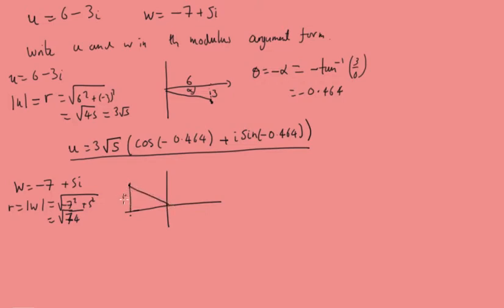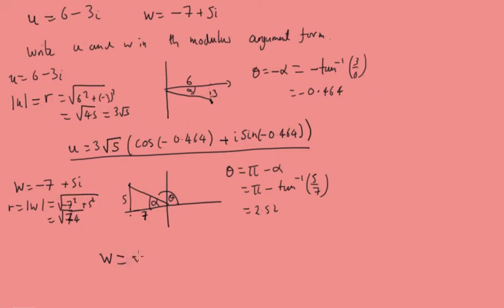So we've got 5, 7, and this is going to be our value for alpha. So this time theta is equal to, remember theta is this one, pi minus alpha. So it's going to be pi minus the inverse tangent of 5 over 7, and that comes out at 2.52.